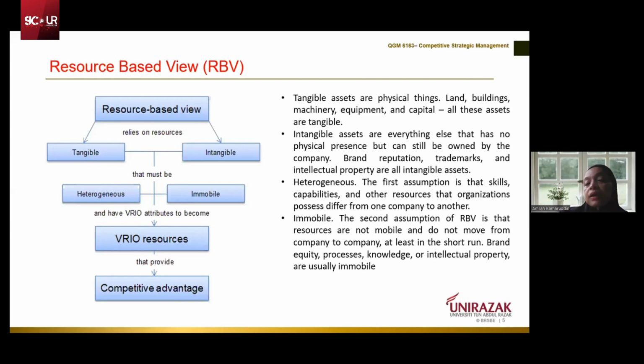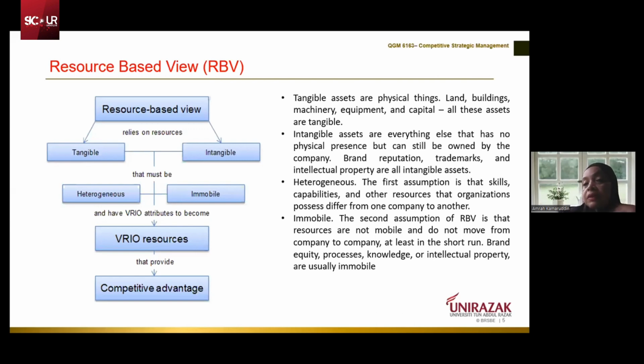Ini semua adalah intangible. If you have a company, you sell the tangible asset together with the intangible asset. If the brand is very strong, then definitely the value of the company is also very strong.